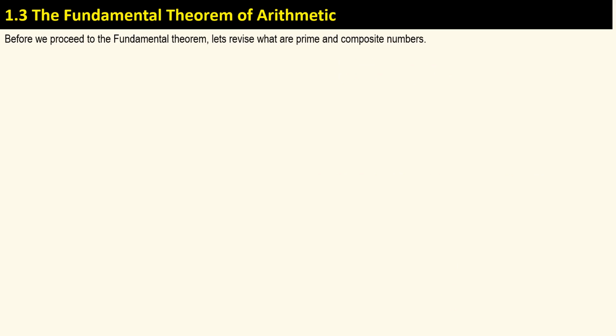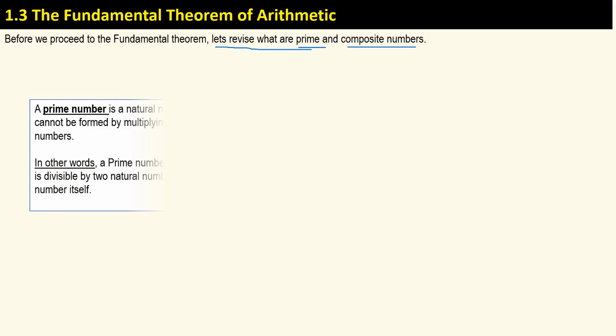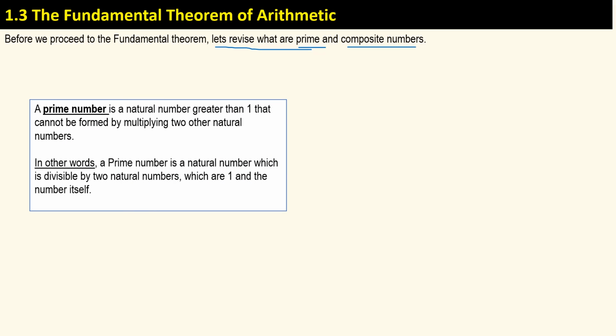Before we go to the Fundamental Theorem of Arithmetic, let's revise what a prime number is and what composite numbers are. A prime number is a natural number, meaning the counting numbers like 1, 2, 3. We can say a prime number is a natural number greater than 1 that cannot be formed by multiplying two other natural numbers.